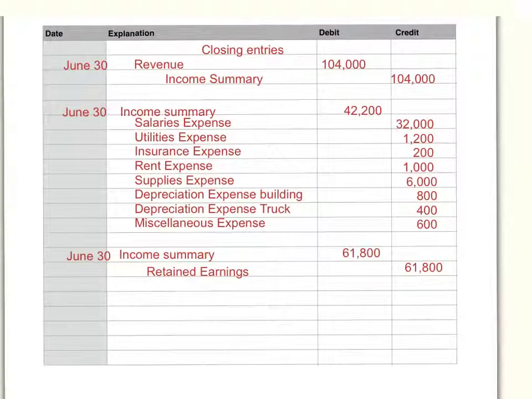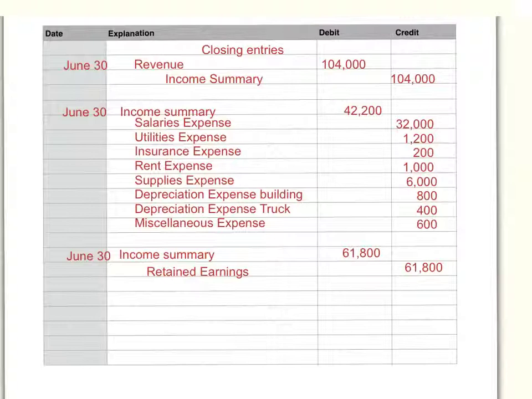Now to close Income Summary, as you can see, has a credit balance of $104,000 and a debit balance of $42,200. So to bring Income Summary to 0, I must debit it $61,800, which is my net income, and increase retained earnings by the same amount, $61,800. So that adjusts my retained earnings up by the net income.